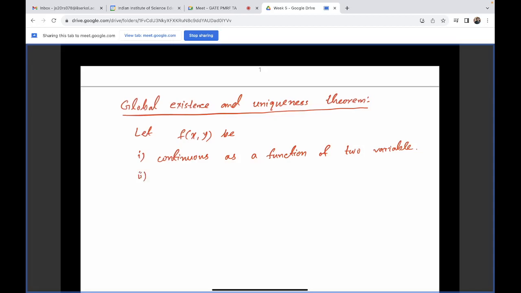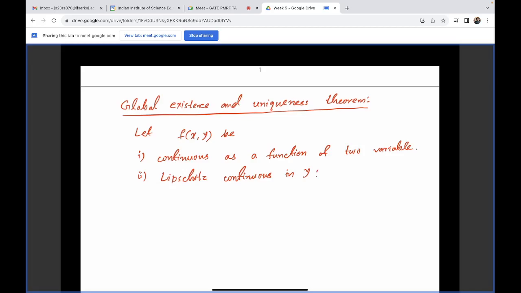Assumption two is the function is Lipschitz with respect to the variable y. So Lipschitz continuous in y, meaning the second variable.